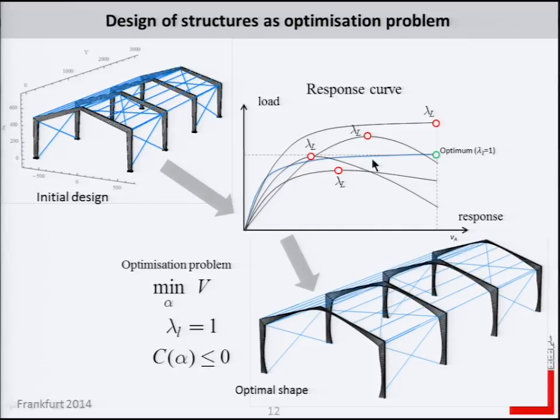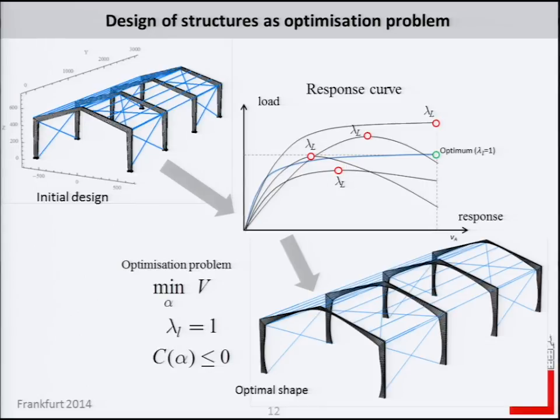And the optimal one is the one that exactly matches the actual load, because we know the load, we don't know the structure. So we are looking for the structure that would give exactly the prescribed response. The problem is that this response is highly nonlinear, and the result of a huge implicit system of equations.